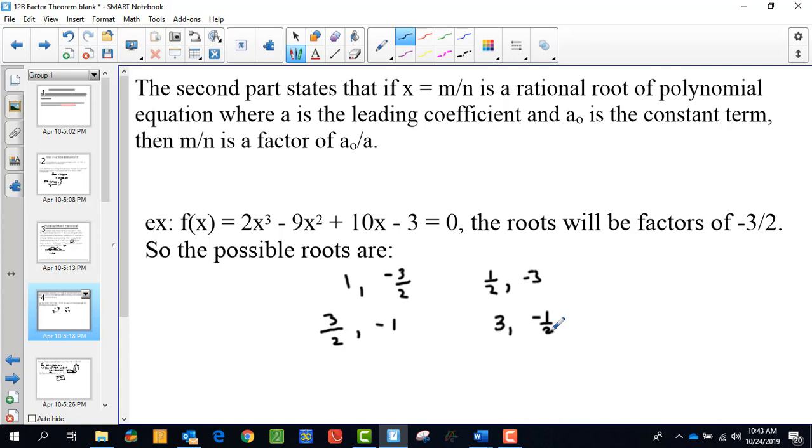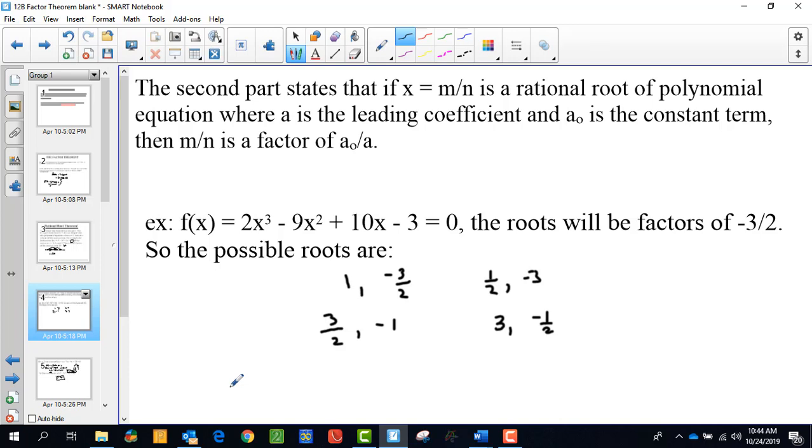So instead of picking random numbers and hoping that one of them works, you're just picking the factors of that combination of the constant term divided by the first coefficient. So it limits us to those 4, and then we look, and if you plug 1 in, for example, you're going to get 2 minus 9 plus 10 minus 3, and that is 0.